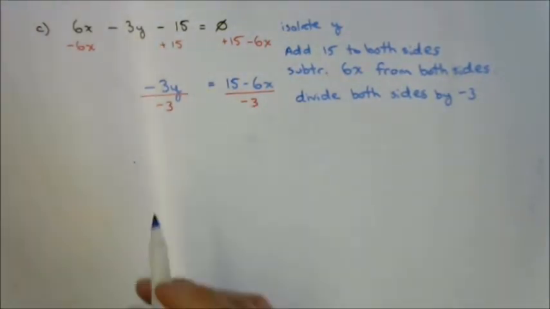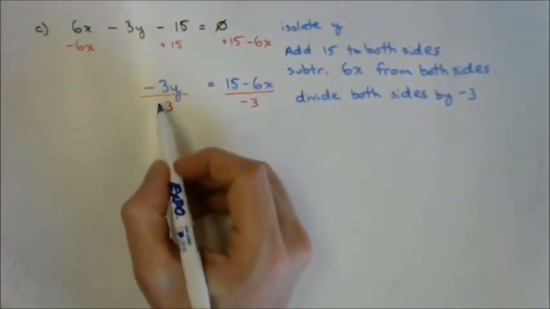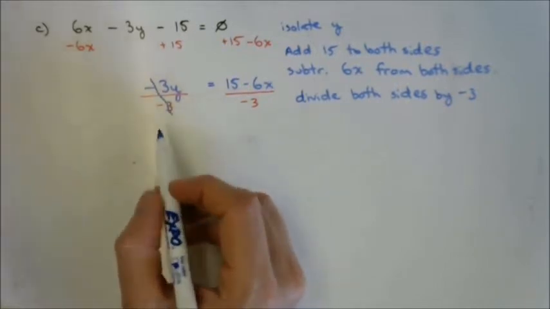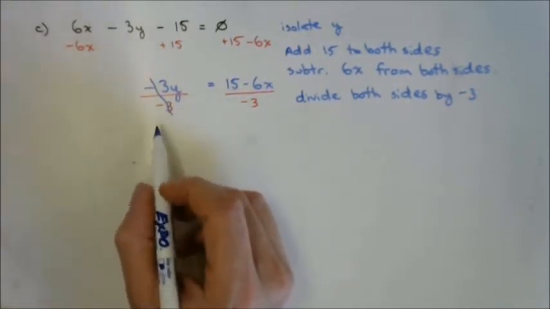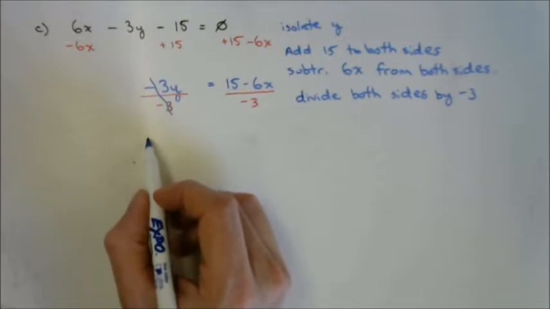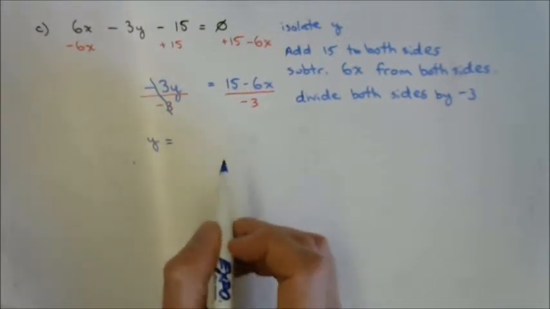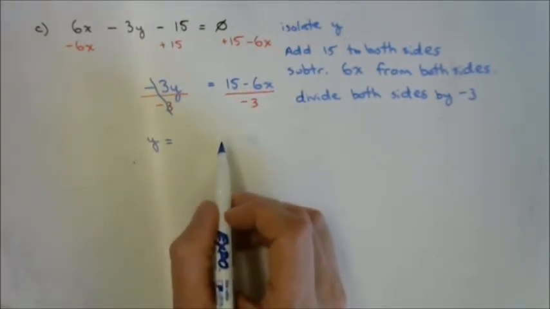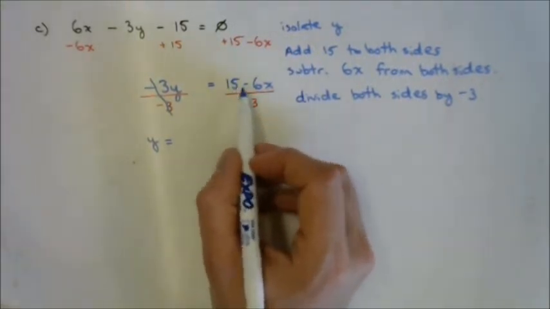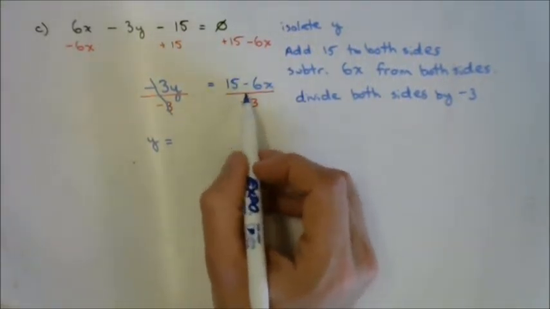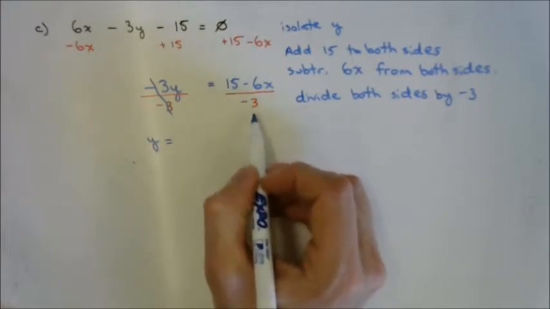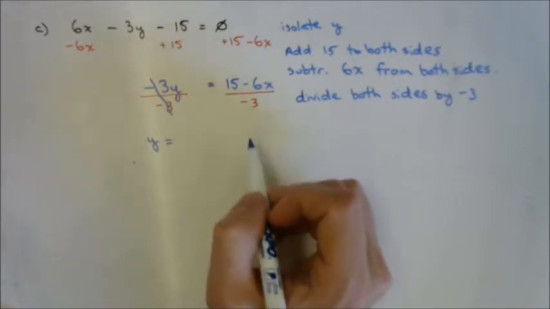How would you get the answer? Over here, it's easy. The negative 3's cancel out. They become 1, because anything over itself is just 1, so we're left with y. On the right side, it looks tricky, but look back to what we did last time. Both of these parts are a group, and if you're dividing the whole group by negative 3, that means you're dividing both terms by negative 3.